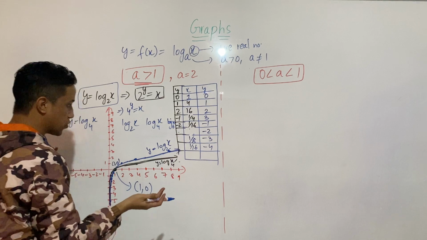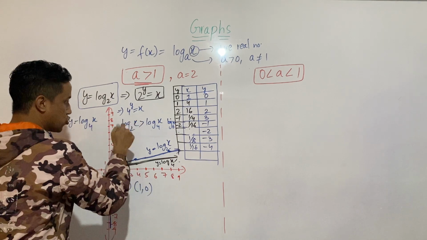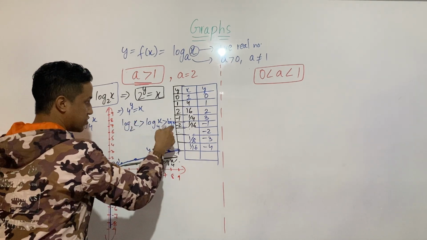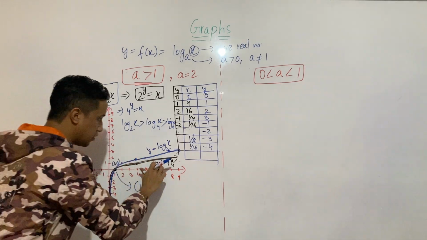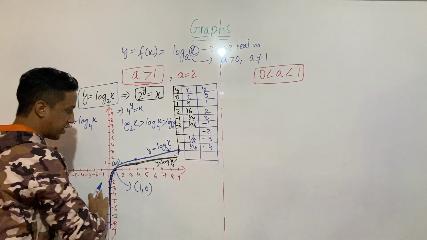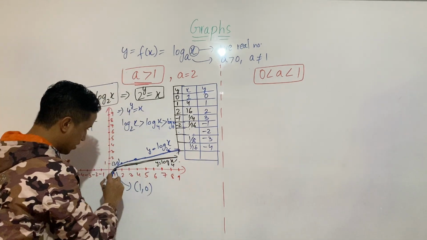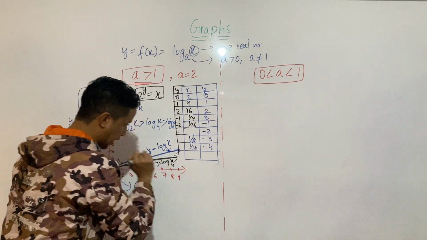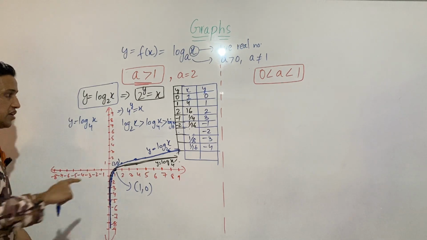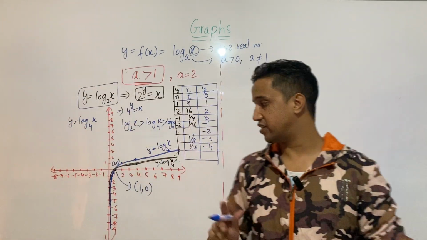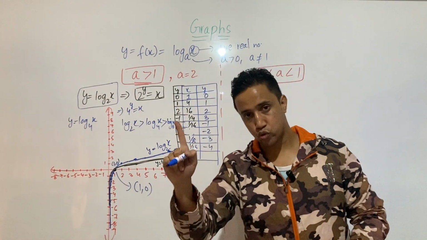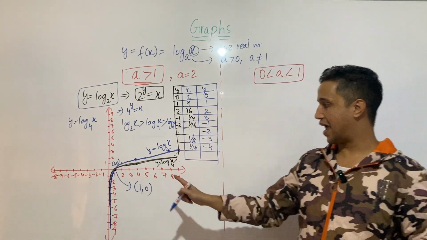This is going to be greater, and this is greater than this. So you can observe this here. If you sketch a graph for log base 6, it will be something like this. Understand?